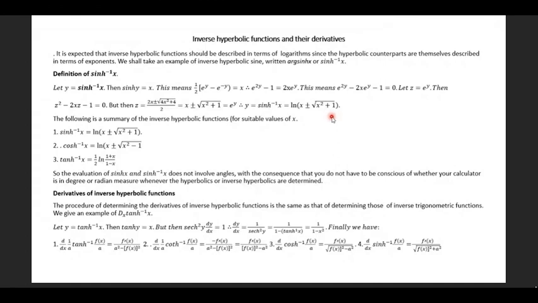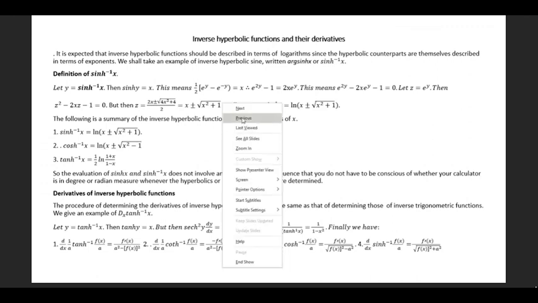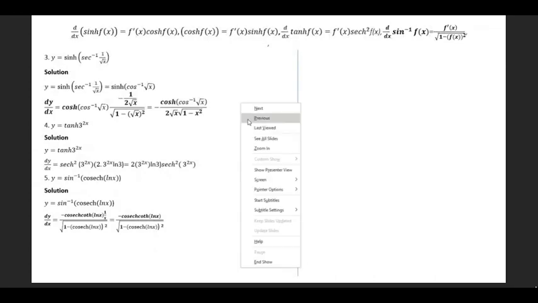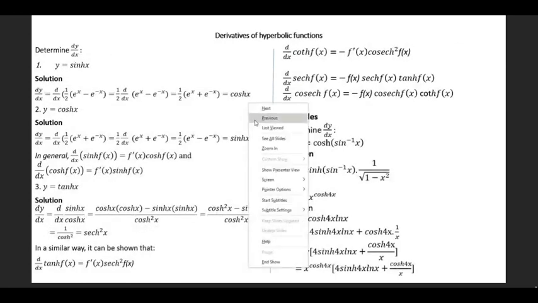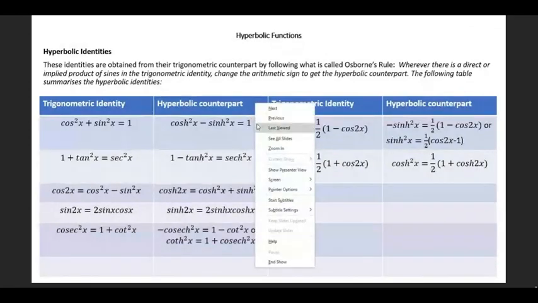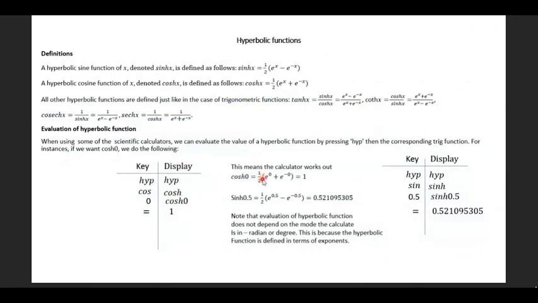So what does it mean? What it means is that when you evaluate the hyperbolic function, it does not matter whether your calculator is in radian mode or in degree mode. You are always going to get the same answer. Let's take an example of what we started with. When we're evaluating, let's say, cos of 0, it does not matter whether your calculator is in degree mode or radian mode.